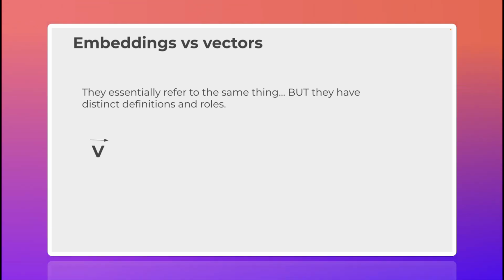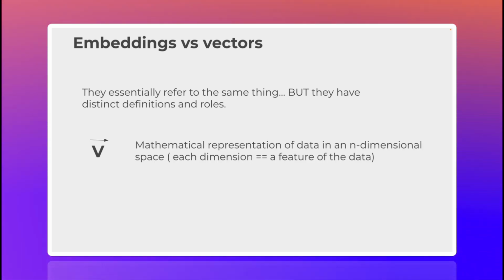When we talk about a vector, as we saw earlier, mathematically speaking, vectors represent data. It's a mathematical representation of data in an n-dimensional space, where each dimension is a feature of that data.